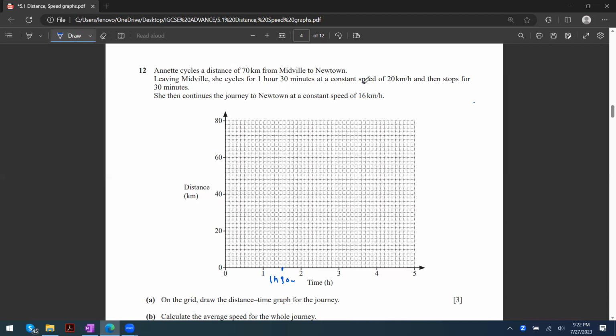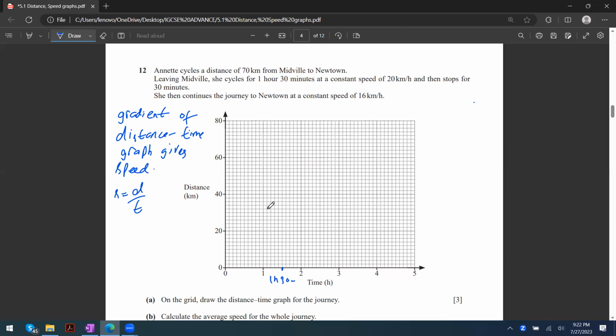Now, the gradient of distance time graph gives us speed, because speed is equal to distance over time.